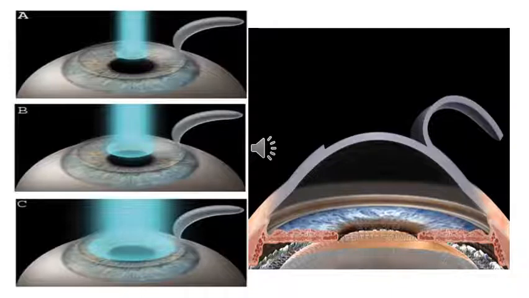This is the LASIK procedure, where the flap is created either mechanically or using femtosecond laser. Then the stromal bed is treated with excimer laser. Treatment will change the shape or the curvature of the cornea to produce the desired refractive effect.